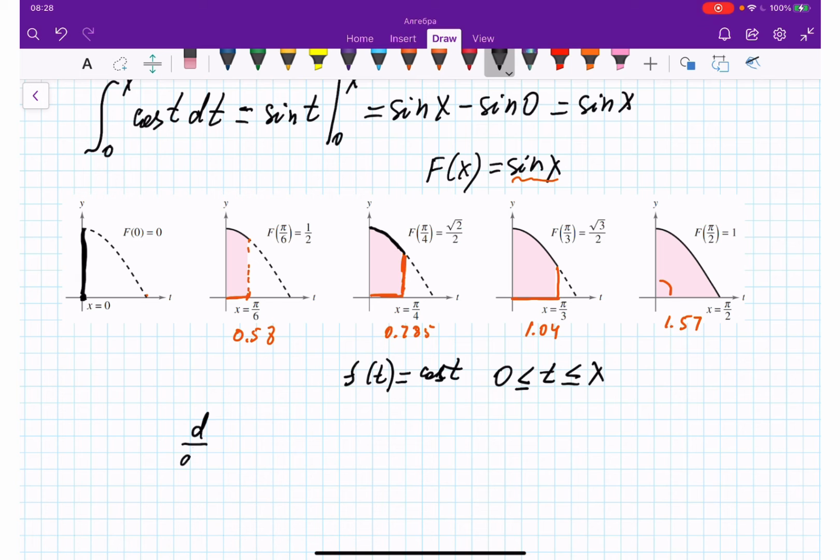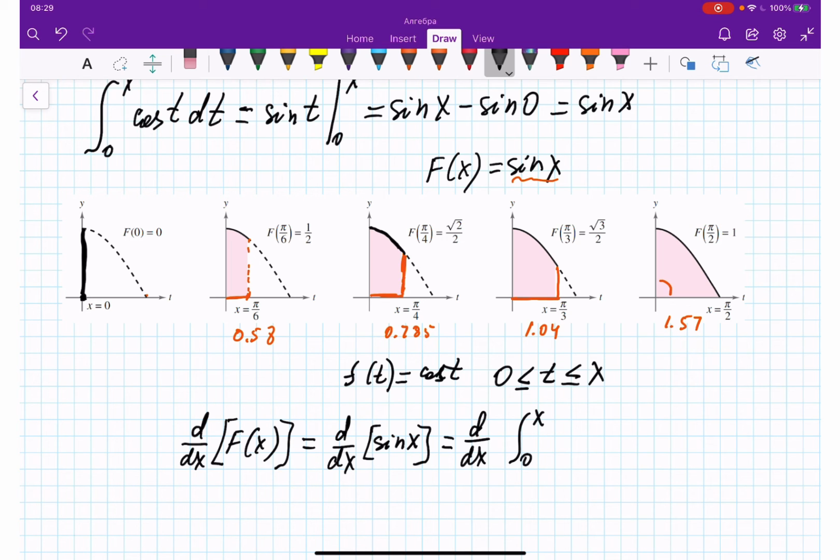d by dx of f of x equals d by dx of sine x, right, is equal to d by dx of the integral from 0 to x of cosine t dt, right?